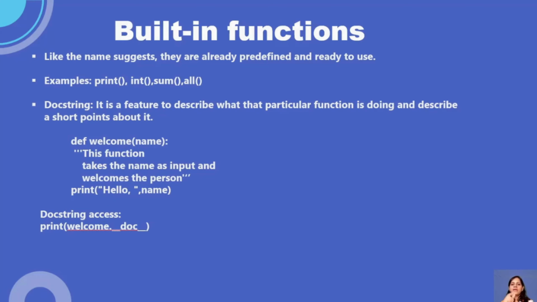We have one unique feature in Python, which is called docstring. I will show you in Google Colab, okay? When you start typing any function and keep your mouse over it, it will start giving you some instructions.